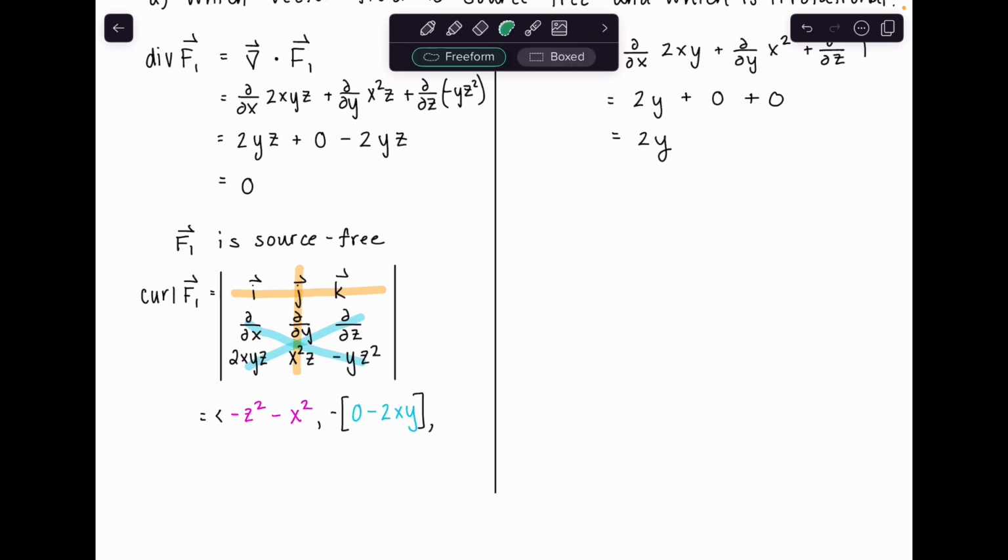And then in the third component, probably going to need a little bit more room. Just scoot that over. We go ahead, strike this one out. And now I do partial with respect to x, which is 2xz, minus the partial with respect to y, which happens to be the same thing, 2xz.